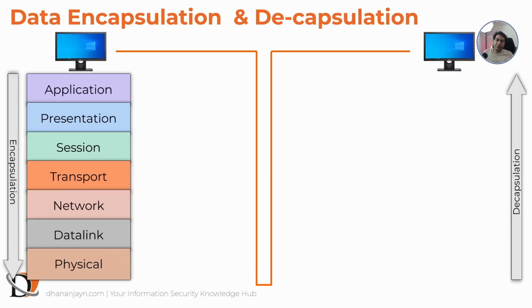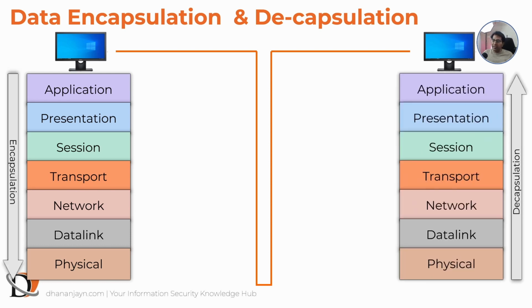So encapsulation and decapsulation is something that we'll see. Now on the left side we have the source and on the right side we have the destination computer. While sending the data, the process is known as encapsulation, and while it is received, it is the process of decapsulation.